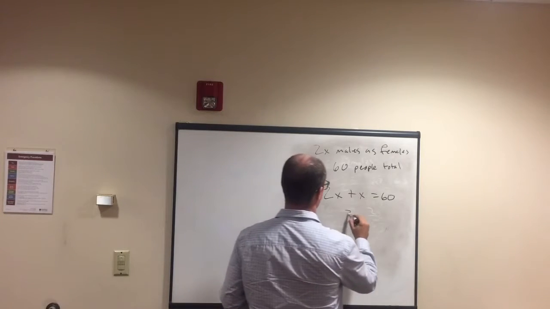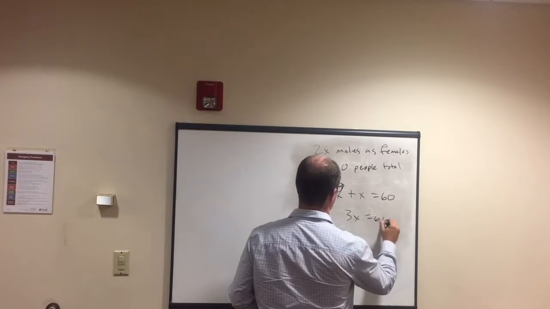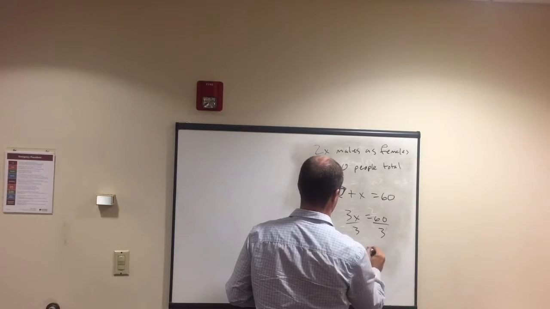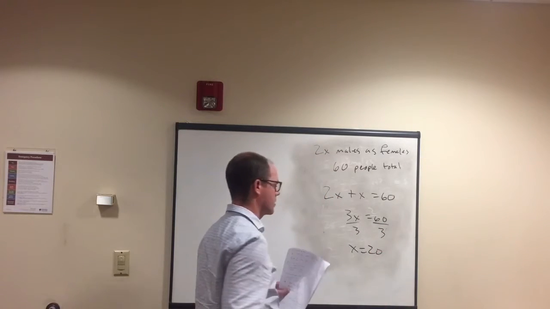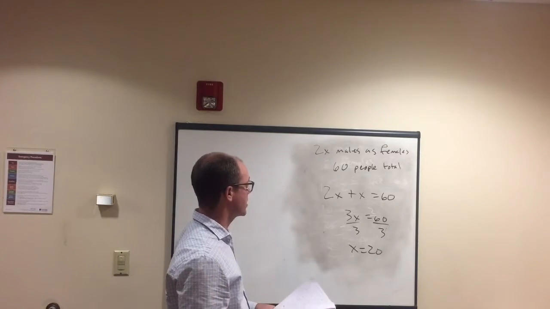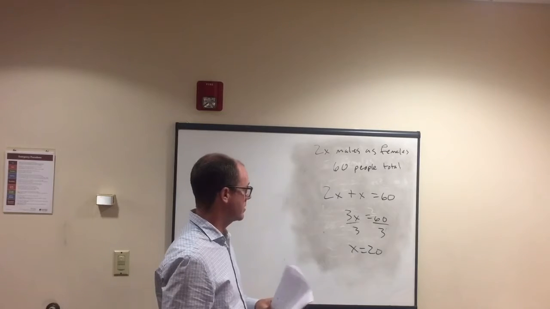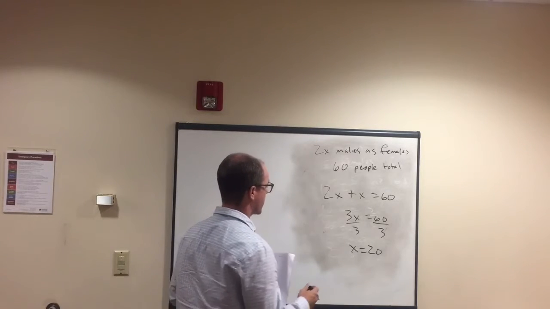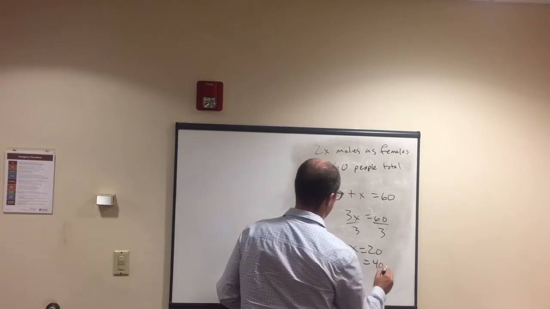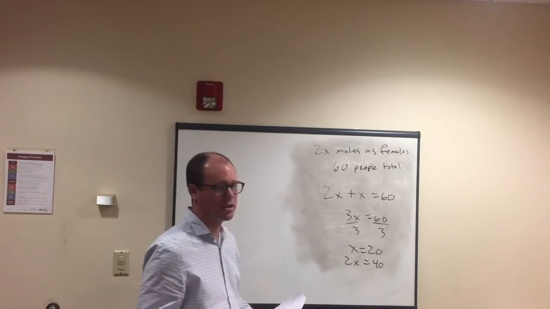All right, so now we have 3x equals 60, divide, x is 20. Okay, and then remember how we set this up. We said the females were x and 2x was males, right? So 2x equals 40, because 2 times 20 is 40.